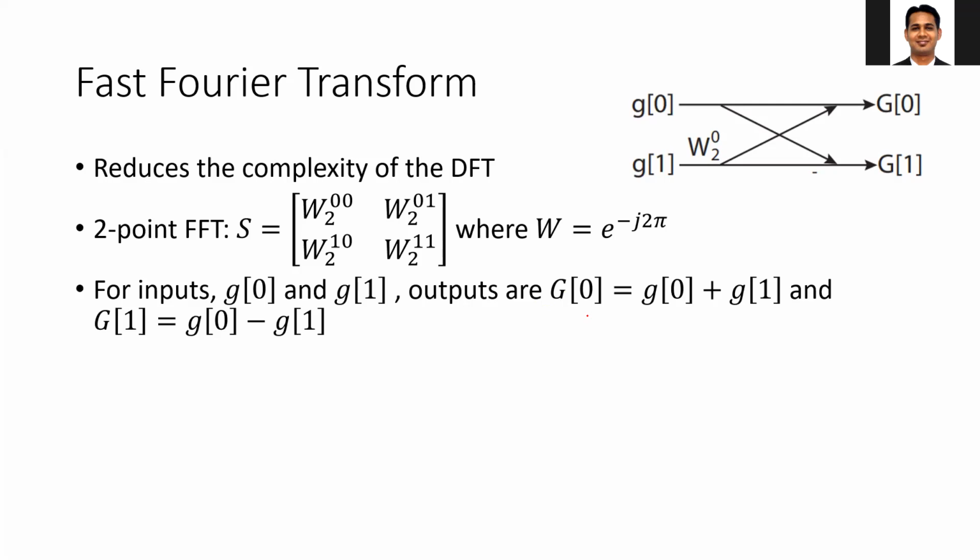So in the fast Fourier transform, your input is g, which is a vector. You multiply g with the matrix S, which is a matrix consisting of complex values, and you get the output, which is the capital G, a complex output.